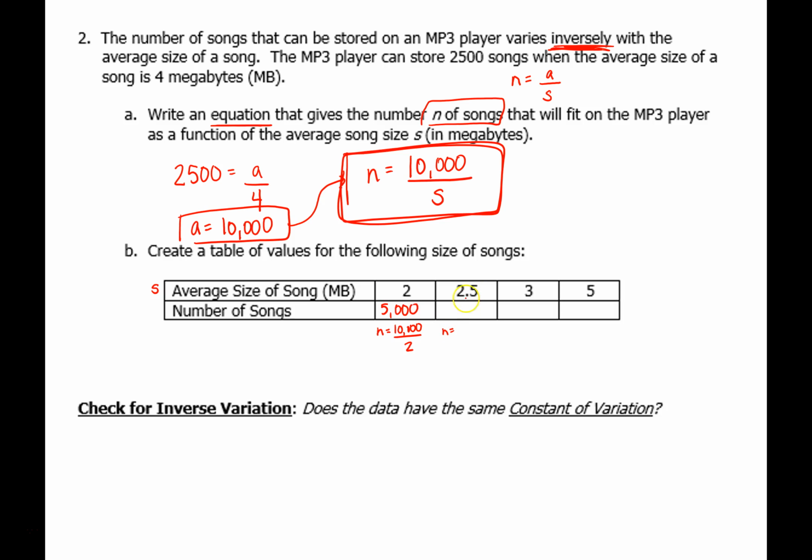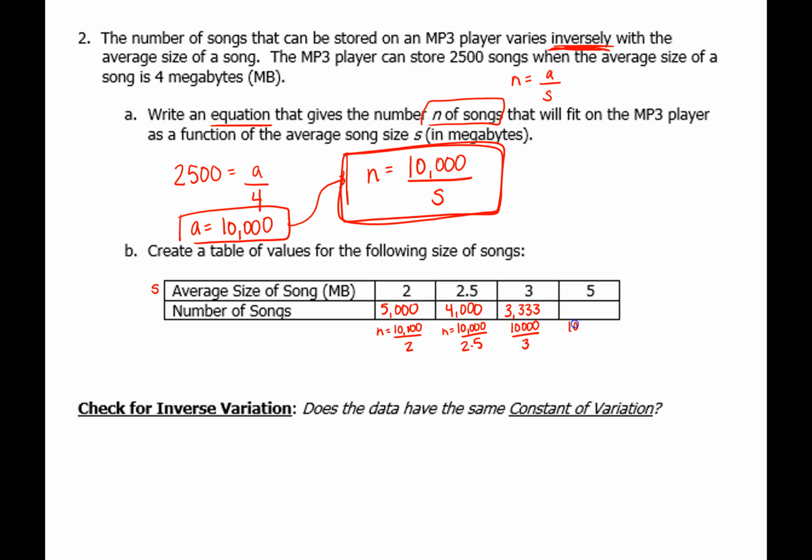If I have an average size of 2.5, I need to do 10,000 divided by 2.5. That is 4,000. If I want 3 megabyte songs, I need to take my 10,000 and divide it by 3, which gives me, well, that's going to be approximately 3,333. There's a little bit of rounding that has to happen there.